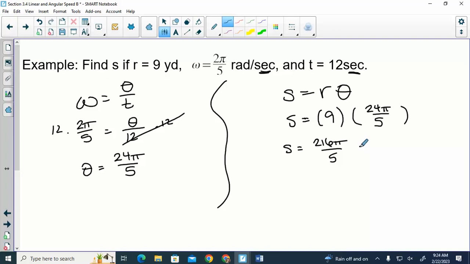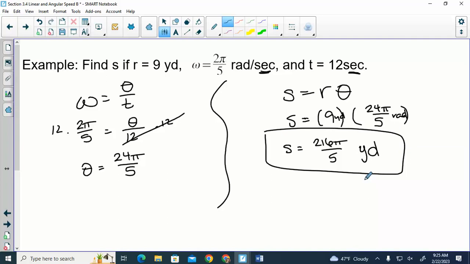It's not a speed though, it's S, which is your arc length. Or if we think about this, this was 9 yards and theta was radians, right? When you multiply, if you have radians times anything else, the radians just disappear. It's just yards, it's not per anything, just plain yards. Alright.